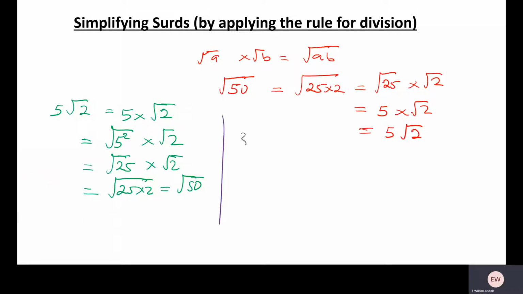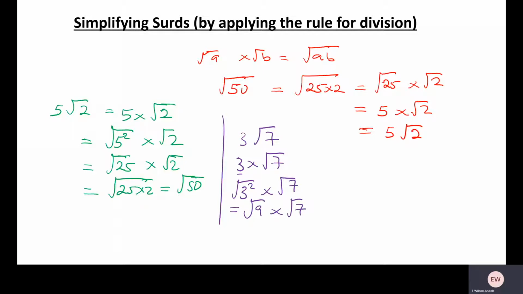If you have 3 root 7 and you want to write this as a single surd, this 3 root 7 is the same as 3 times root 7. So we think of how we can write the 3 as a surd, and this will be square root of 3 squared, because square root of 3 squared will give us 3. Times root 7. And square root of 3 squared is the same as square root 9 times root 7.